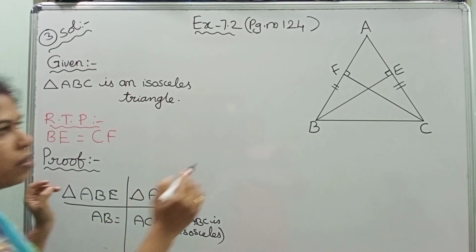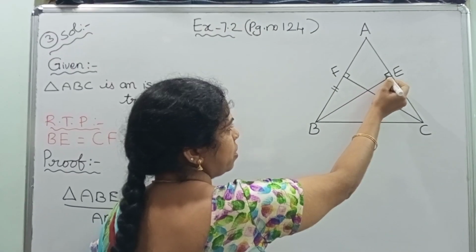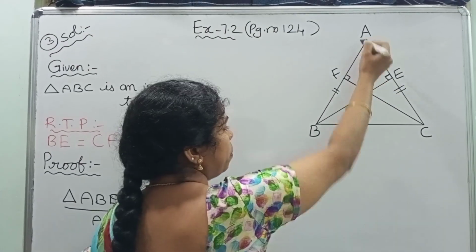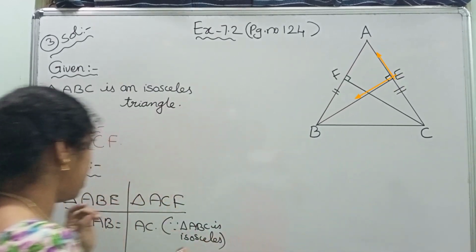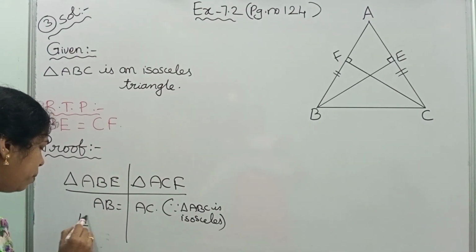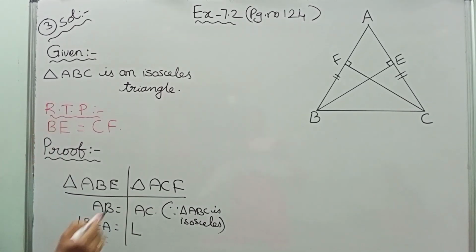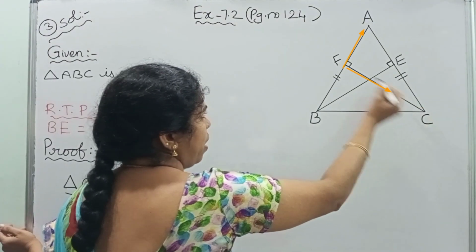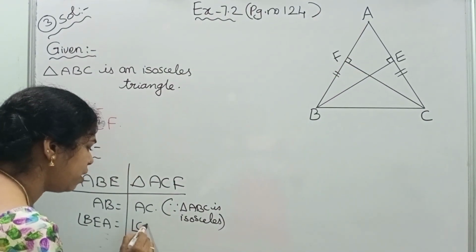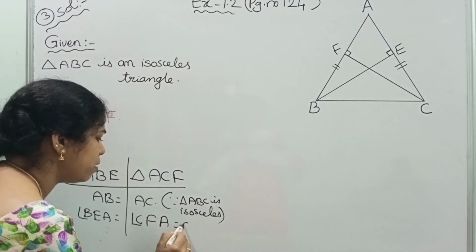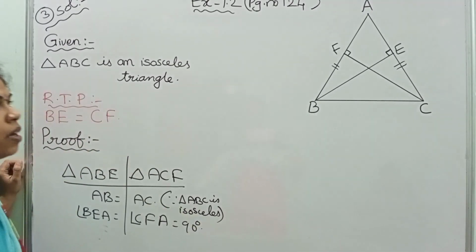Next one is, here this angle is 90 degrees. So that means angle BEA is equal to angle CFA, which is equal to 90 degrees.